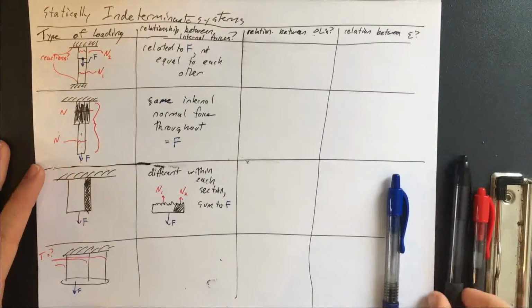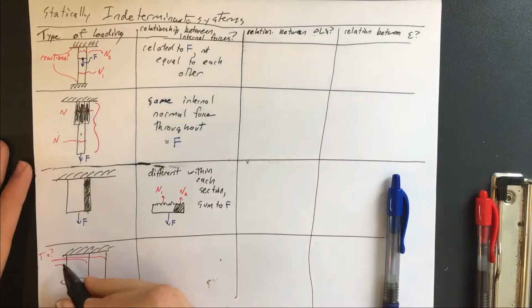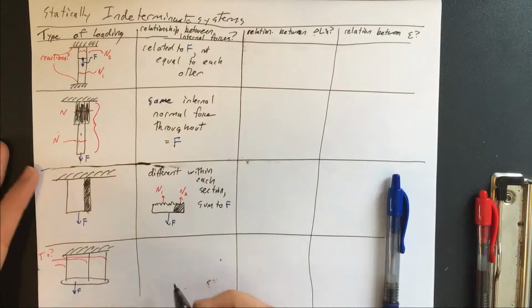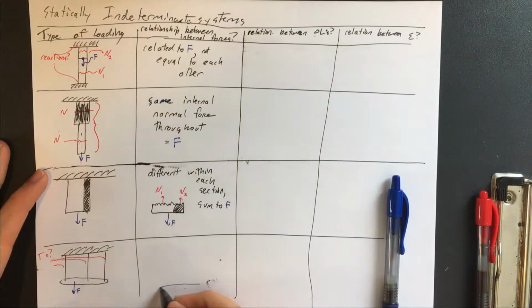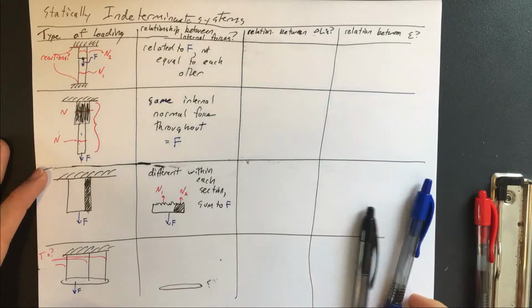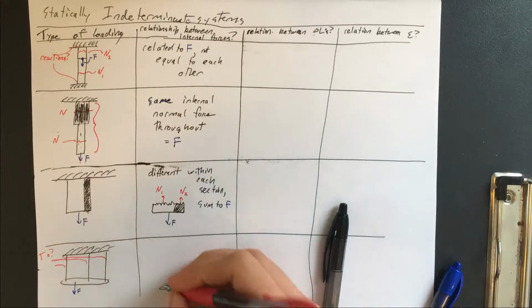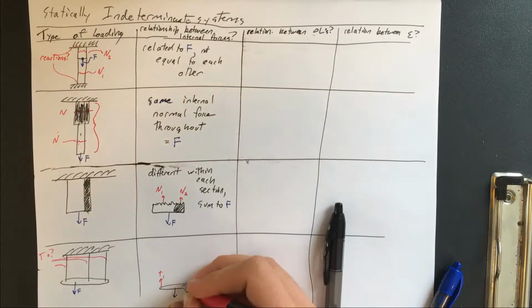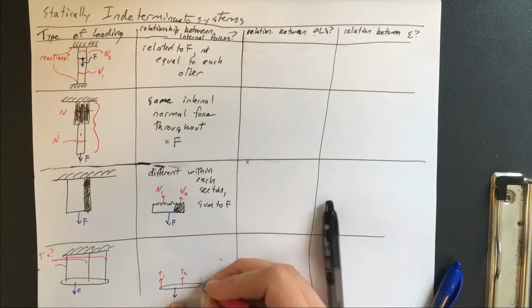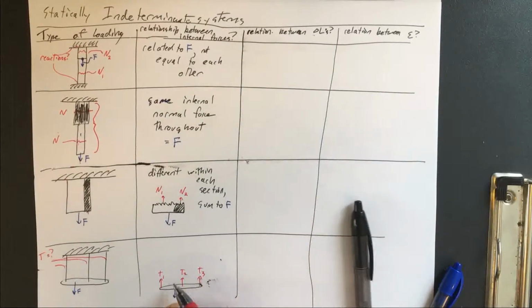And similarly for this last section, we might not know straight away what all of these tensions are, but if we looked at a free body diagram for this rod on the bottom, we know that there have to be three tensions.